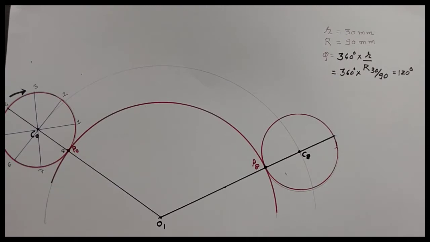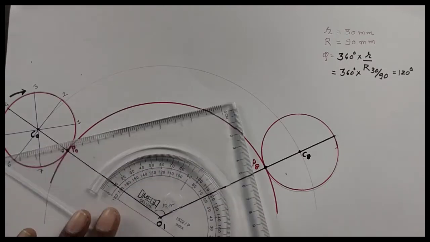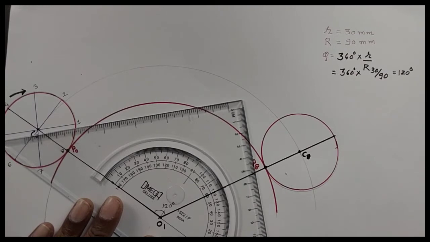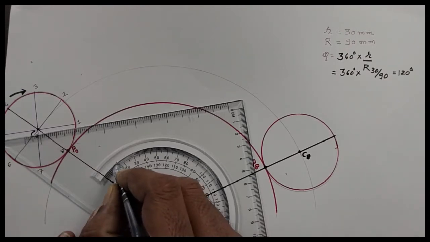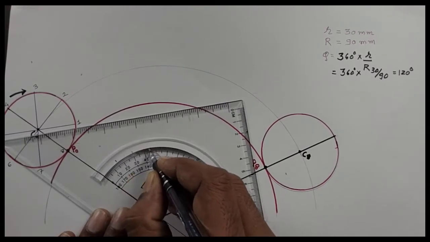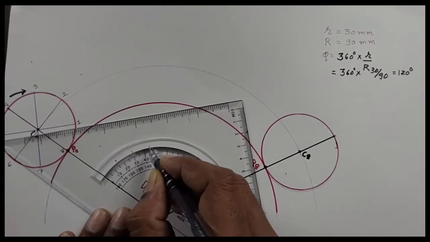Similarly, you can divide your 120 degree angle into 8 parts. So for that, we keep the protractor again on our initial position. And when you divide this total 120 degrees into 8 parts, each part becomes 15 degrees.